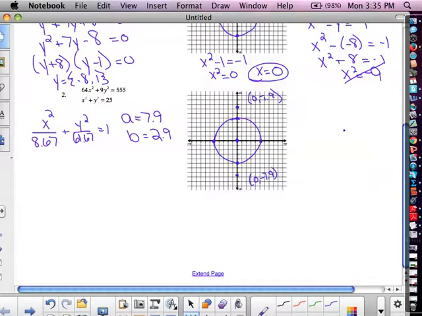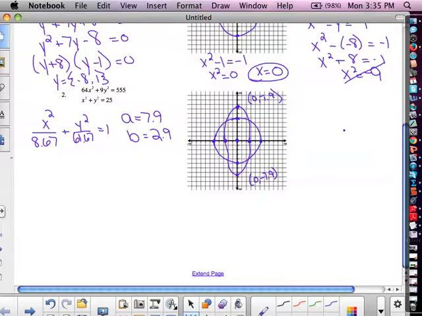Then I have endpoints at -2.9, 0, and at 2.9, 0. So my ellipse and my circle intersect in that manner.